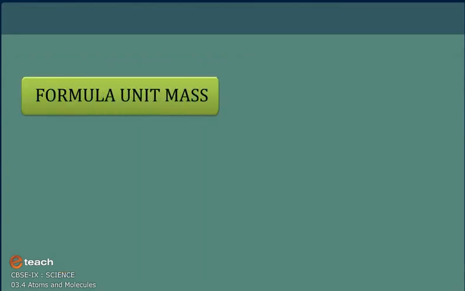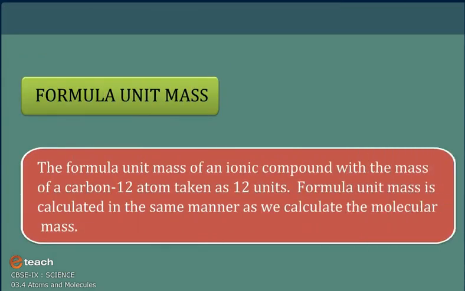Formula unit mass. The formula unit mass of an ionic compound is calculated with the mass of a carbon-12 atom taken as 12 units. Formula unit mass is calculated in the same manner as we calculate the molecular mass.